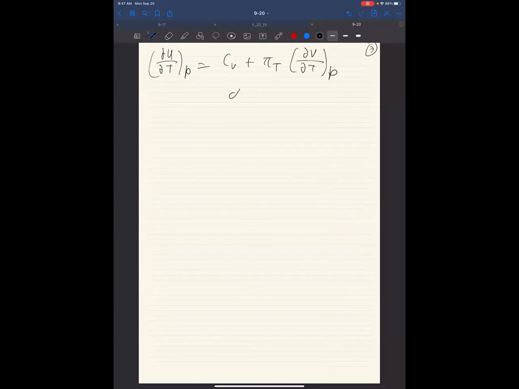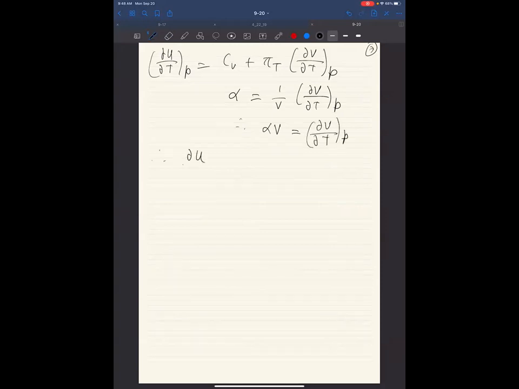And we defined alpha, the thermal expansion coefficient, as 1 over volume, partial V by partial T at constant pressure. Therefore, alpha multiplied by volume is equal to partial V by partial T at constant pressure.